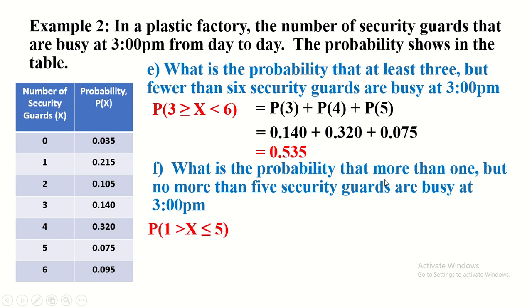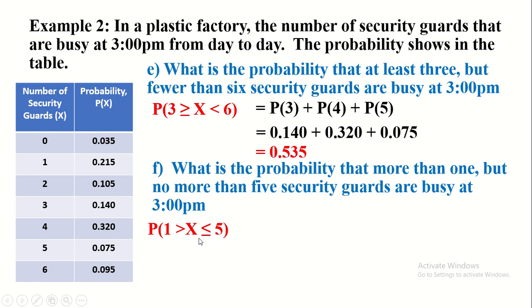So, pag sinabing more than, ito po siya. Pag sinabing no more than, ito po ang symbol niya. Ibig sabihin, ang value daw ni x dapat daw ay greater than kay 1. Ibig sabihin, 2, 3, 4. Pero dapat daw, ang value ni x din ay less than or equal to. So, hanggang kay 5 tayo.